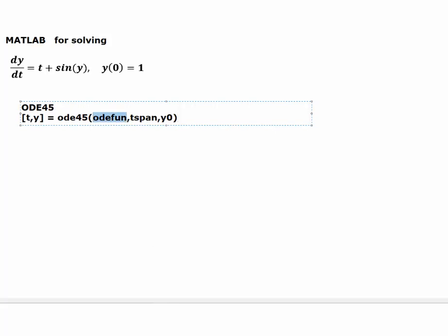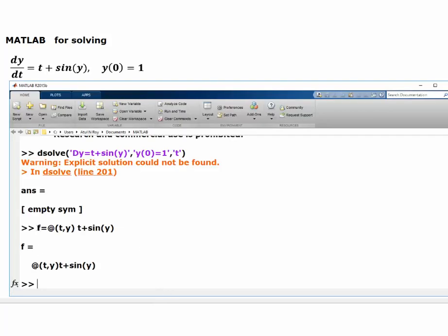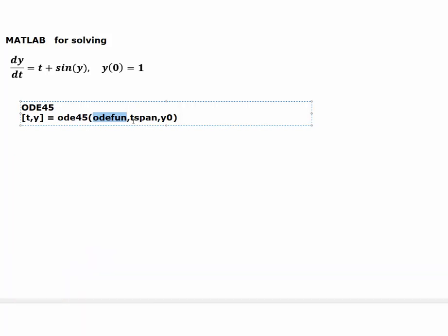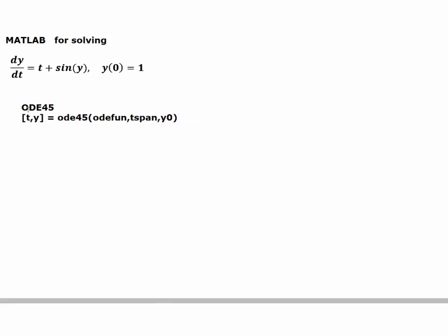That's this function f. So we shall type f here, and then we shall give a span of values of t. Sometimes if we are lazy, just by trial and error, or we can do some numerical calculations, or look at the form of the function to find an appropriate t span, and then the value of y at 0.